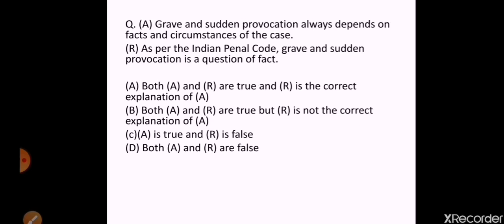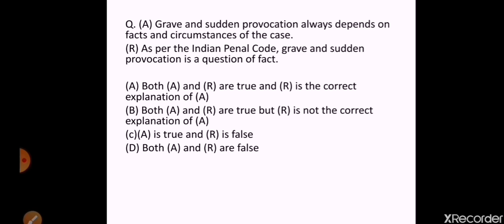The next question is, grave and sudden provocation always depends on facts and circumstances of the case. So this is the assertion, and the reason is, as per Indian Penal Code, grave and sudden provocation is a question of fact. By reading the assertion and reason, what do you get? Let me see the options.